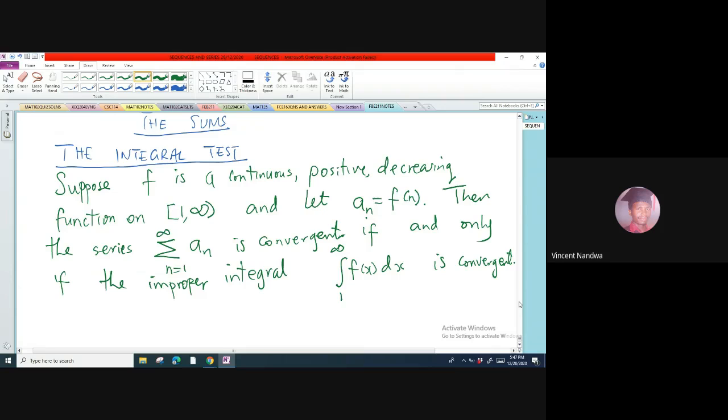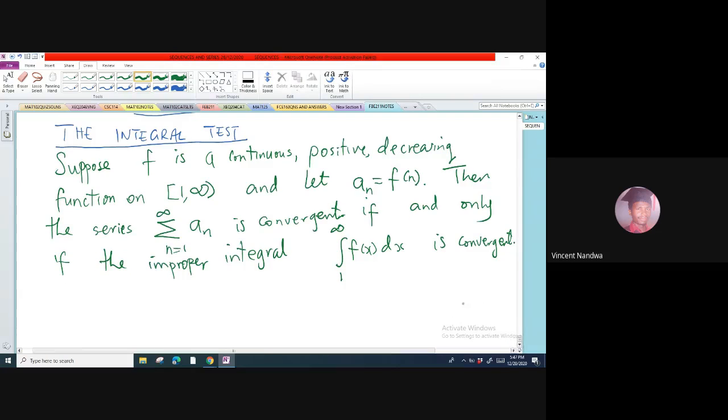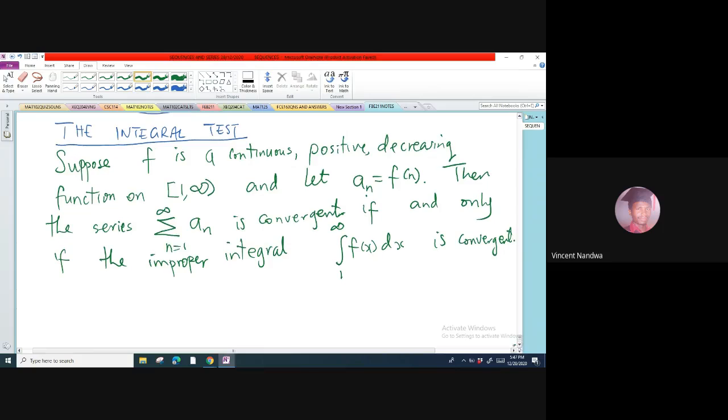And if the series a_n is the same as f of n, then the series a_n converges if and only if the improper integral converges too.